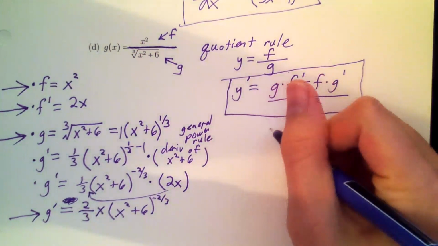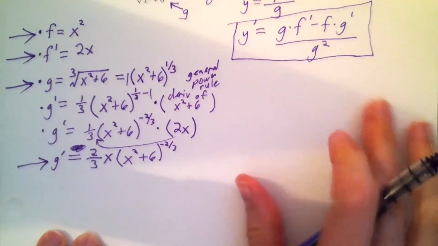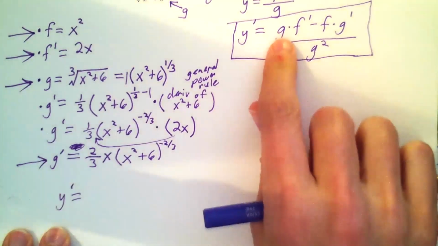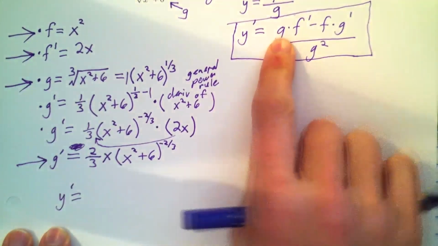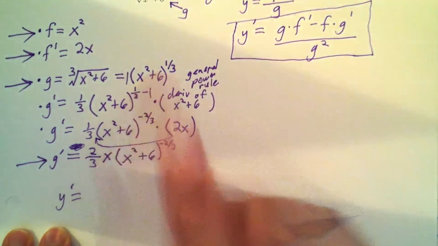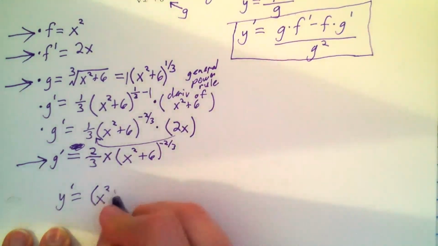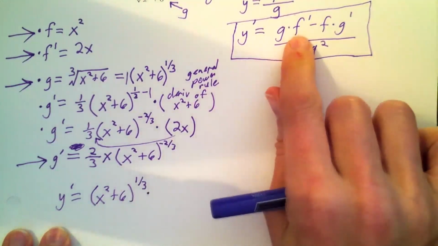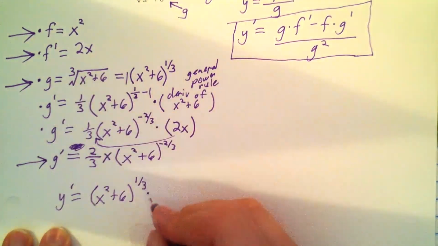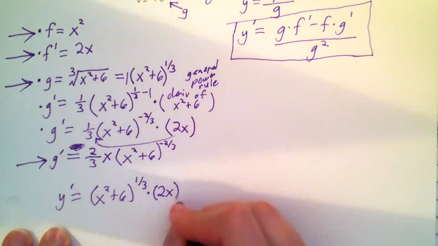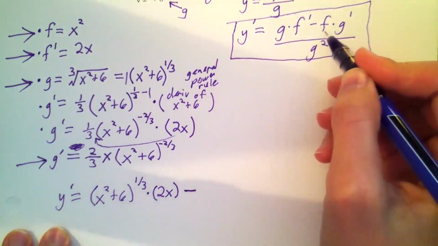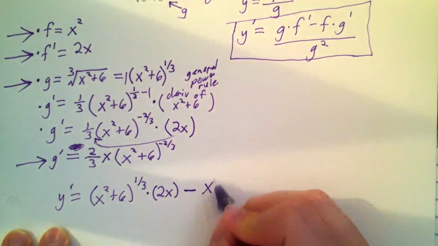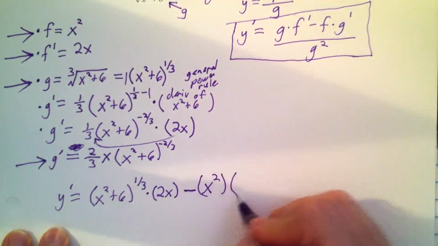So let's bring this down here where I have a little more space. There's my formula. So write it out. Y prime is g. What's g? G was x squared plus 6 to the 1/3, times f prime, which is 2x. G times f prime minus f. What's f? F was x squared times g prime.